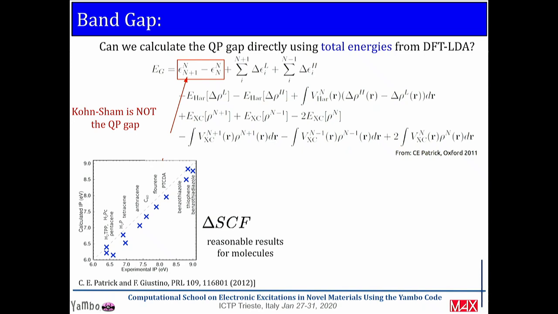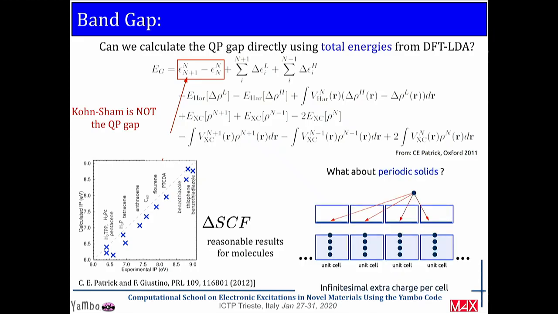The problem now is, why do we want to go to GW, many-body, when we could calculate gaps with density functional theory, which is much more feasible? It is that for periodic solids, adding or removing an electron from the system is not feasible. Because we are dealing with a bulk, we have a unit cell repeated in space, usually in plane waves, and this kind of calculation is not feasible.